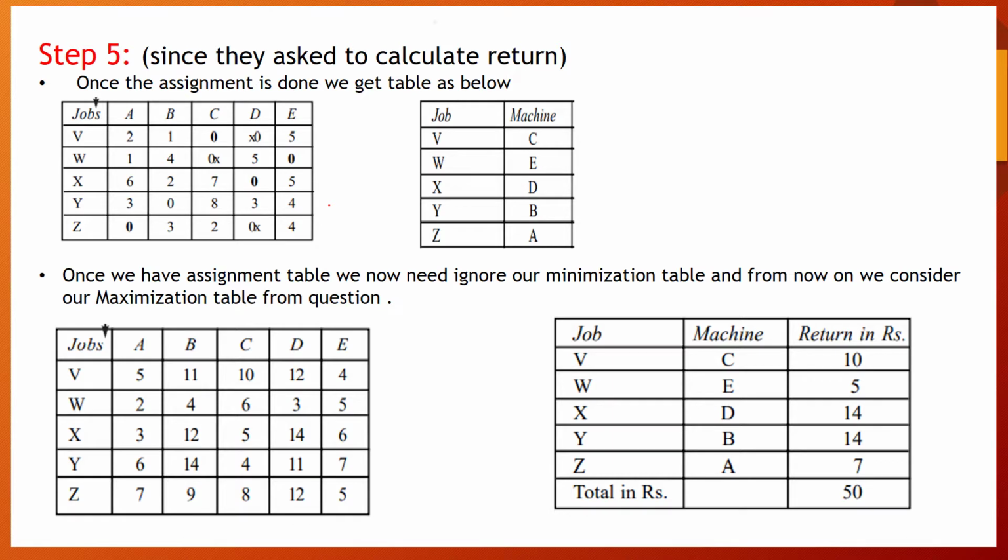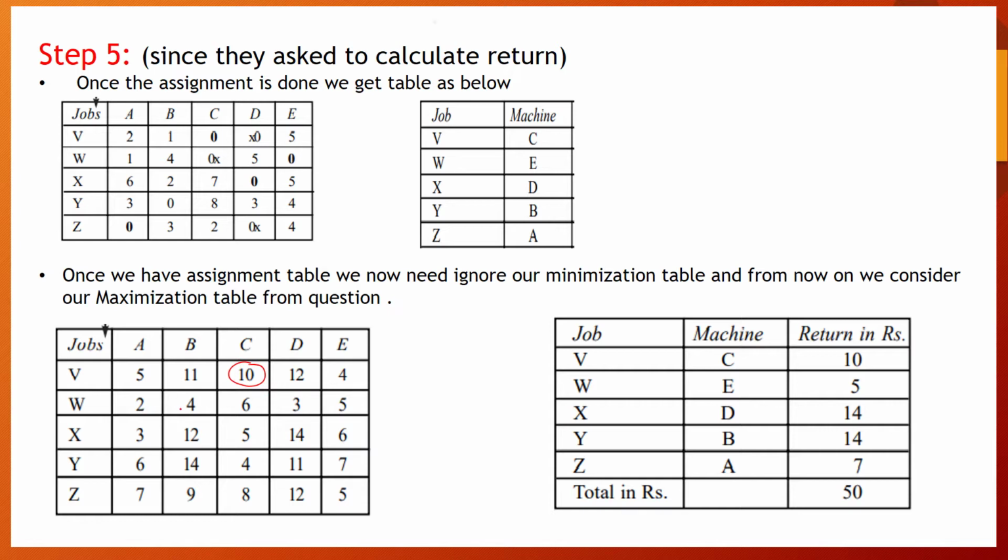The total return here is the total maximum return if we assign the machines. Why are we considering the question table here? Because in the minimization table we have altered it so that we can apply the Hungarian method, but that is not the actual return. The actual return will be in the question table only. So job V will go for C, and in V and C this is the return.